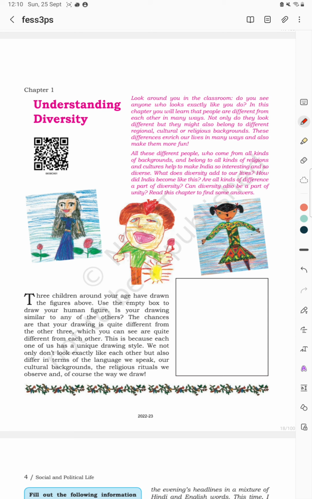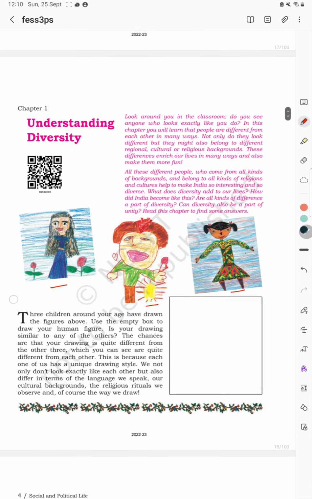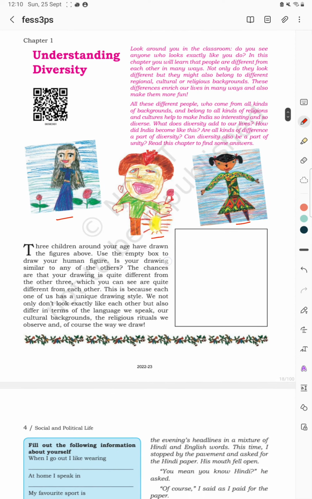On the screen you can see three pictures, one, two, and three. These are basically three drawings made by three children of the same age group. Now we can see these three drawings do not look like each other, they are different from each other. Why are these pictures different from each other?